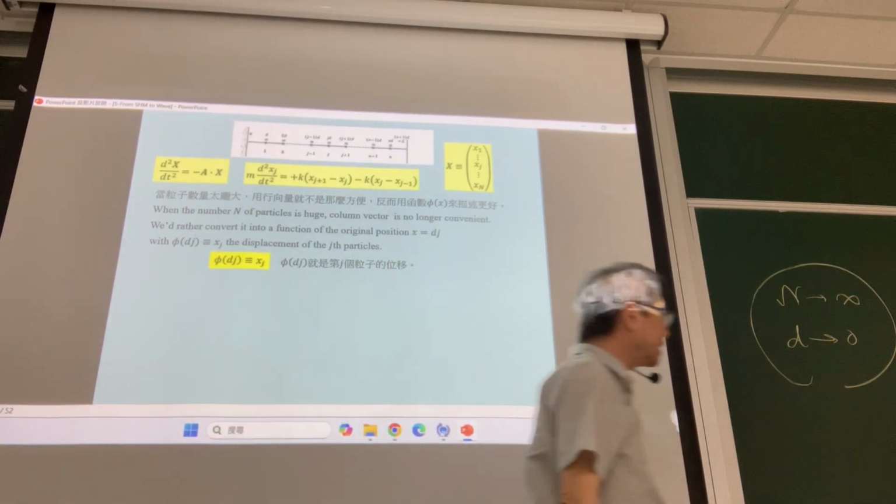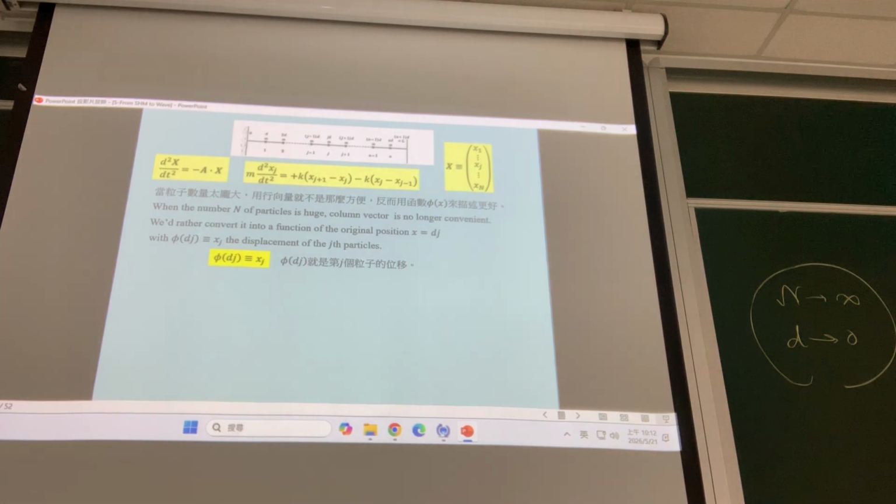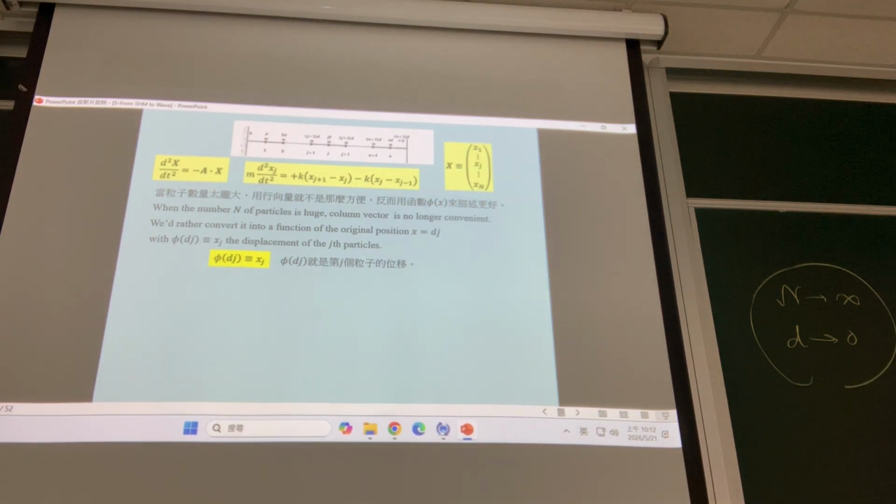So you can say that for the jth particle, the position will be dj, that's the original equilibrium position, plus xj.